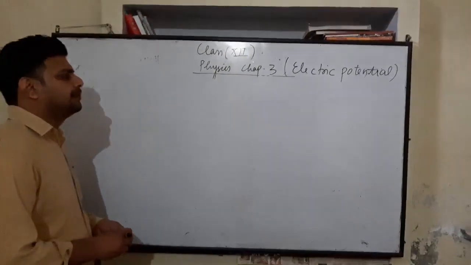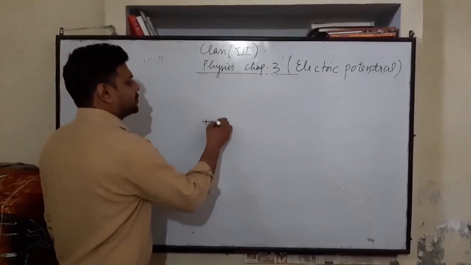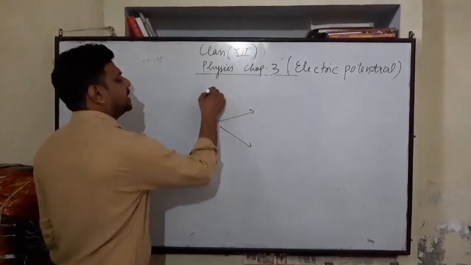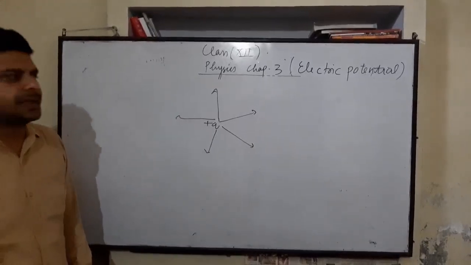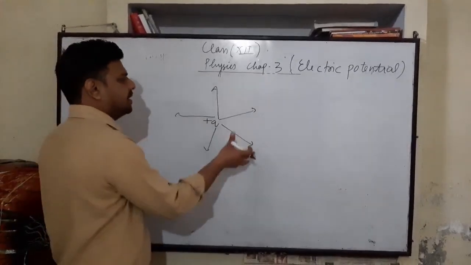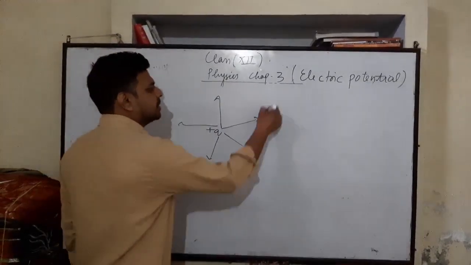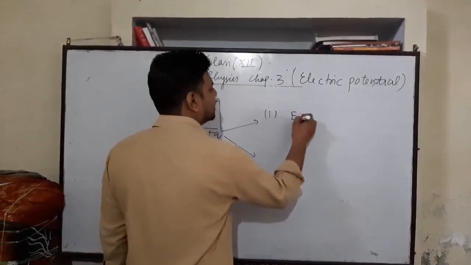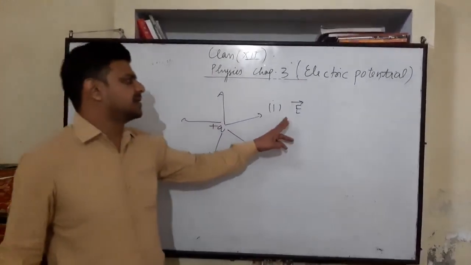As I told you, the electric field produced by a point charge is measured by two parameters. First is the intensity of the electric field at that point. We have discussed it.